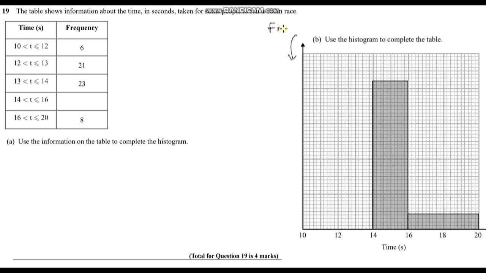I'm just going to write it up here. Frequency density. Okay, so we need to calculate the frequency density for each of our time intervals and then plot them on our histogram. So how do we calculate frequency density? That's the first thing to think about.